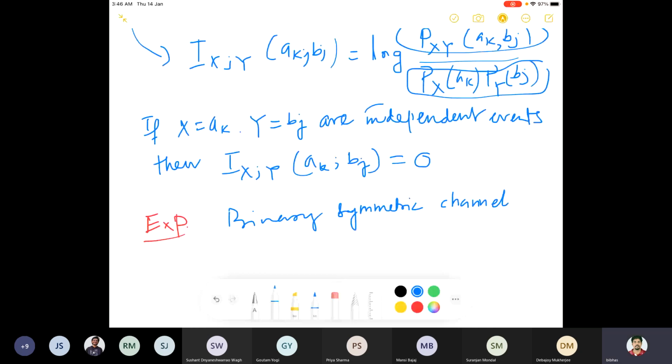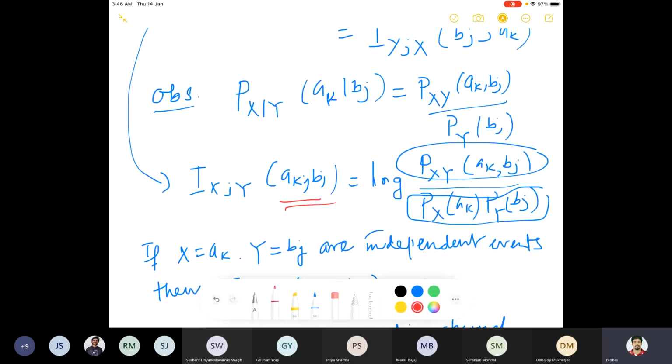So this is what we discussed, and then because this definition is based on individual sample points, we can take an average of this over all possible sample points, and then we call that average mutual information.